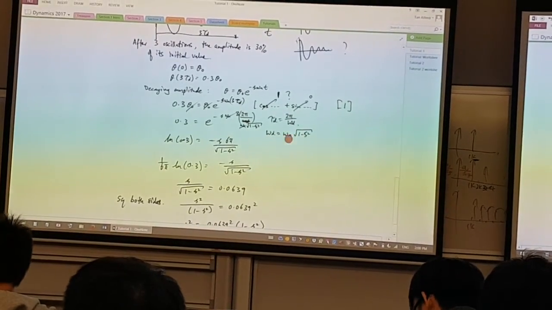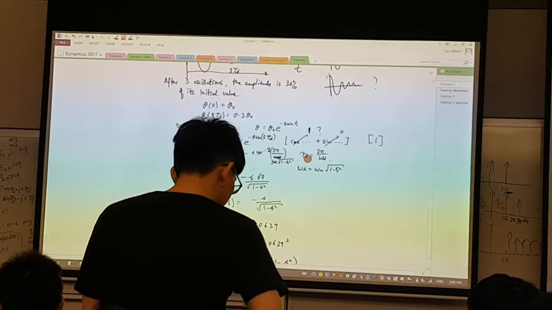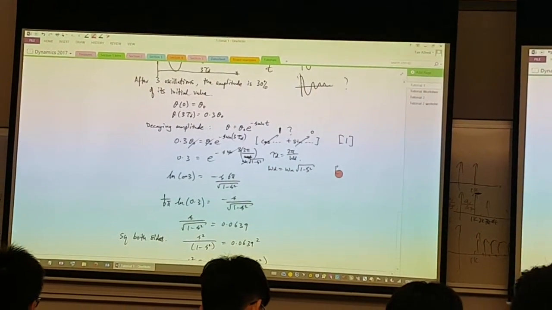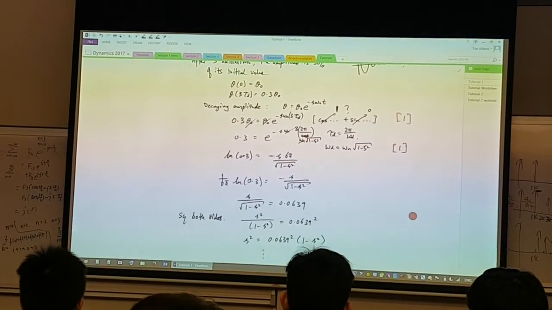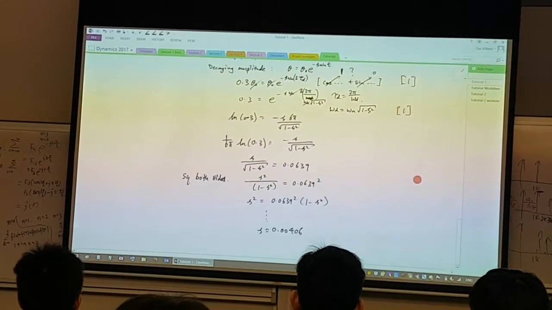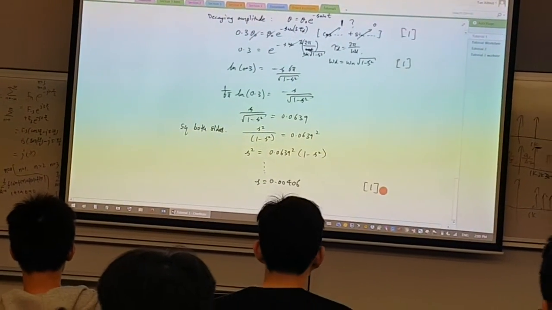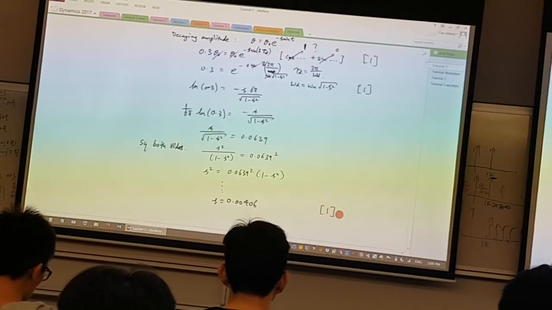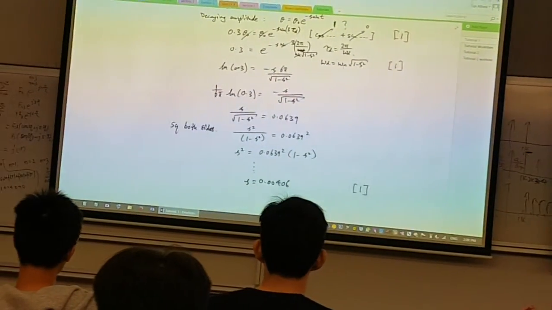If you also understand this part here, substituting tau d and then omega d into it, this part gives you 1 mark. And after solving this, is 1 mark. So it's not the end yet. This question is 6 marks.